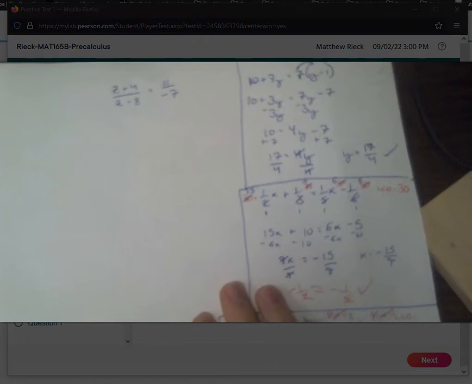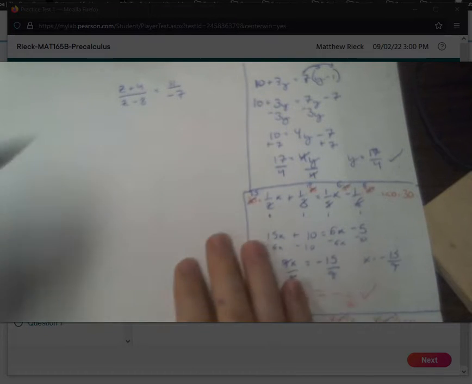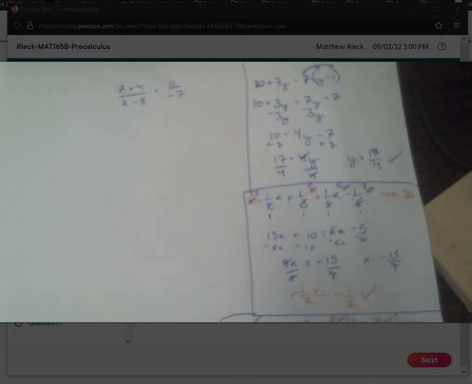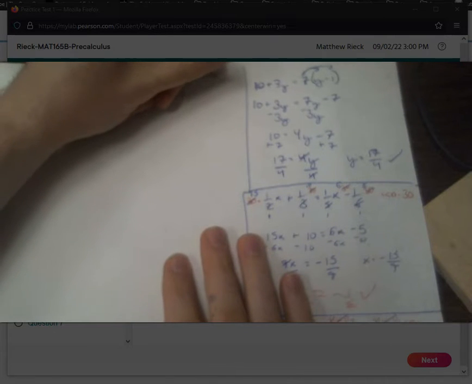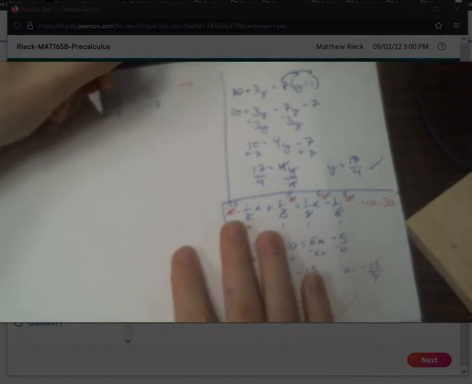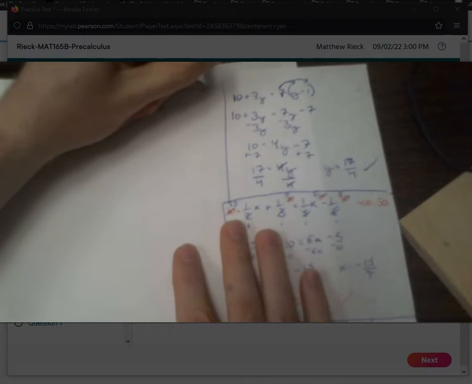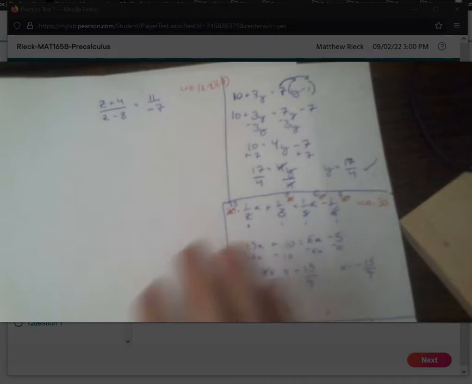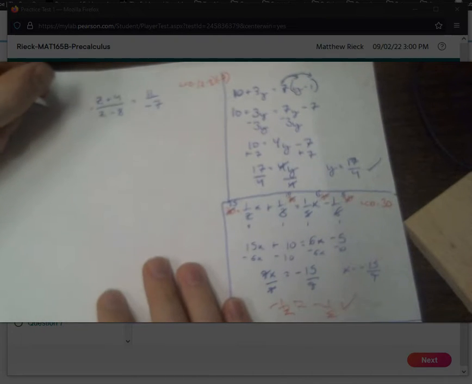So in this case, again, we can multiply by my least common denominator. So again, in this case, both denominators are factored. So my least common denominator is going to be z minus 8, and then also negative 7 times that. All right, so again, you're just going to multiply each of your terms by that.